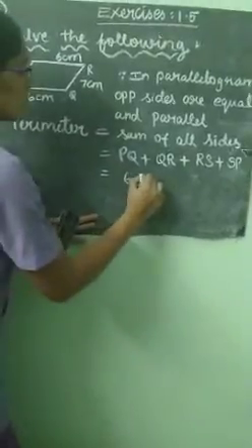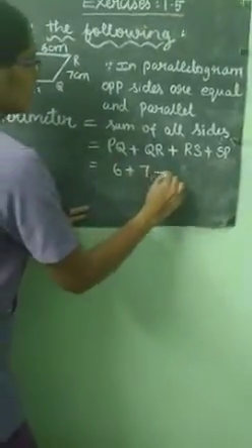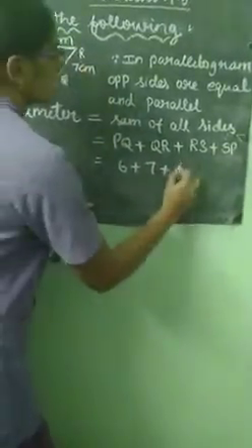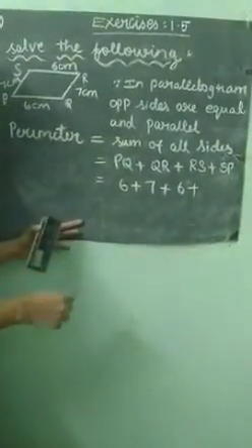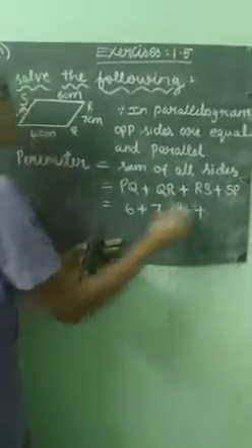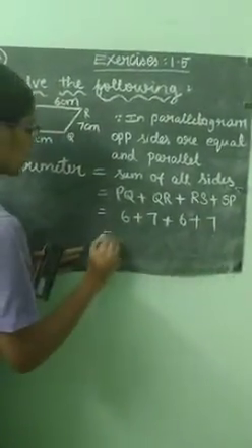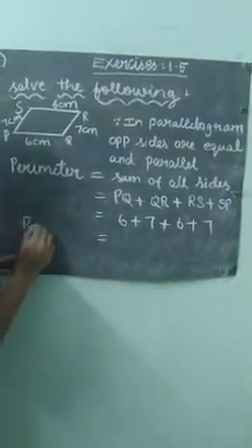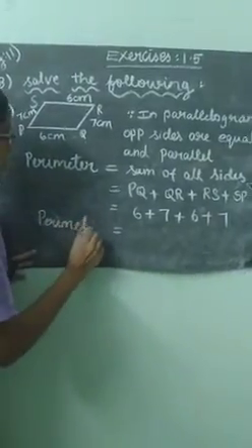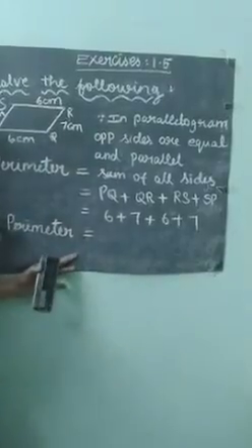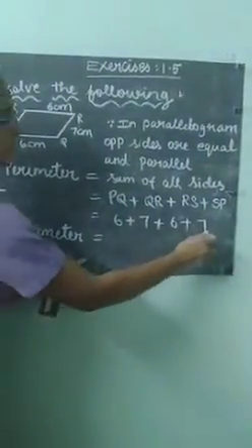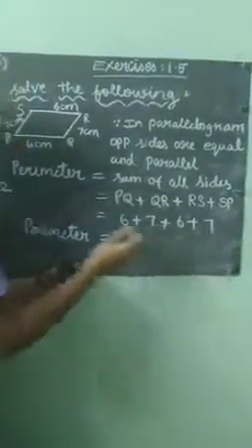PQ 6 plus QR 7 plus RS 6 plus SP 7. Okay? Perimeter equal to 6 plus 6. Very good. 12. 12 plus 7 plus 7.